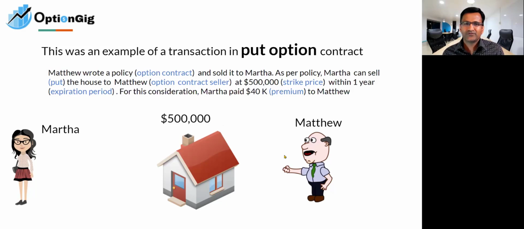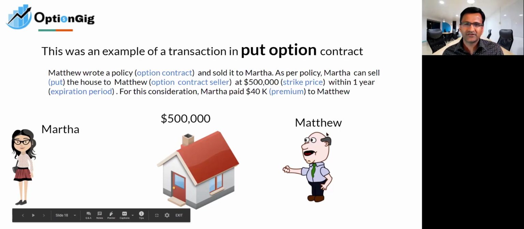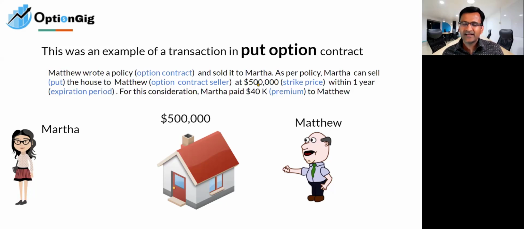Matthew is a seller of the contract, right? He's a seller of the insurance policy. And she can put the house to Matthew at $500,000 because that's the price that they agreed upon, which is called a strike price in any option contract. Within 1 year, this privilege is valid only for 1 year.